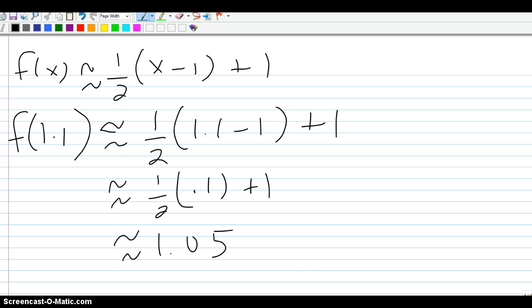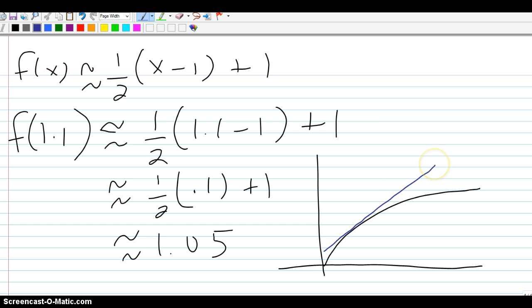The next question that's frequently asked when you're using a tangent line to estimate is: is your estimate an overestimate, meaning are you giving a number larger than the actual answer, or an underestimate? Estimates are frequently good enough in science and in engineering. You don't always need to have exact answers.